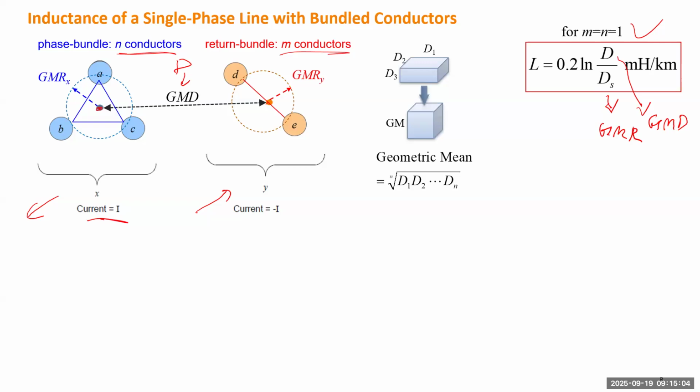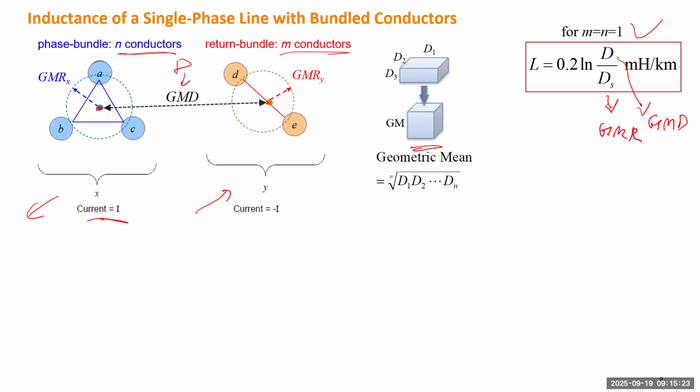So how do we calculate the GMD or GMR? Assume we have a shape which is not perfectly symmetric, like in this case, we draw just a three-dimensional volume, and we can always get a cube of the same volume.